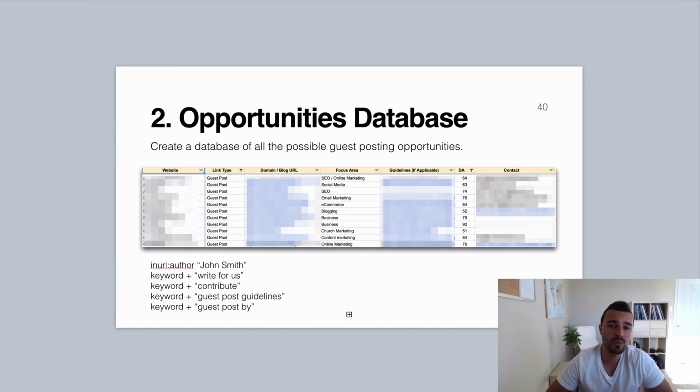One of the best ways that I found to find the blogs that are actually accepting guest posts is to use this inurl:author search string. What this will do is bring back all the different websites that a particular person has an author profile on. If you're in the internet marketing space, you've probably heard of Neil Patel.